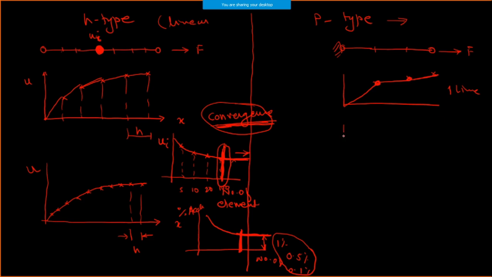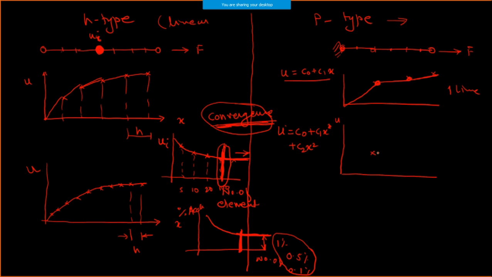If I use a polynomial, linear means the displacement u between these two nodes is C0 plus C1 x. If I increase the order, like C0 plus C1 x plus C2 x square, then I put one node in between in all the places.